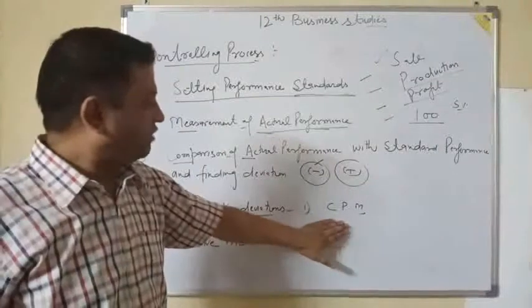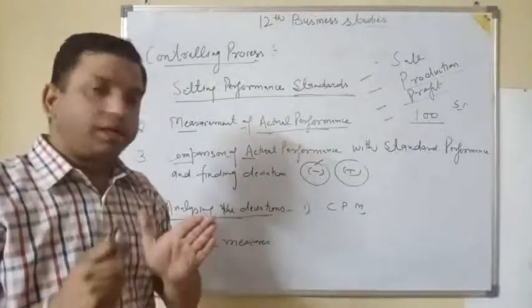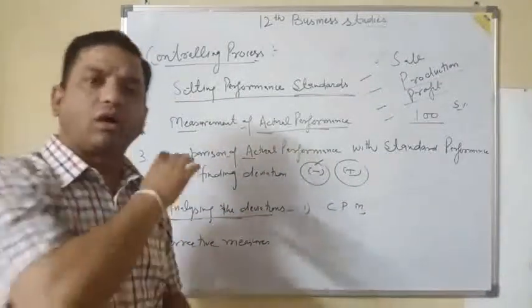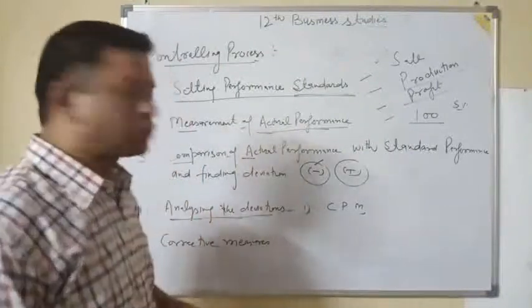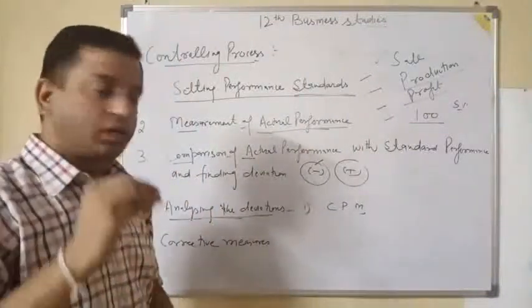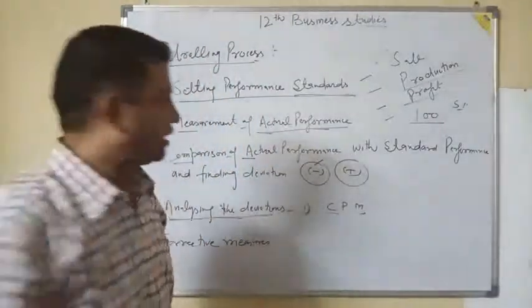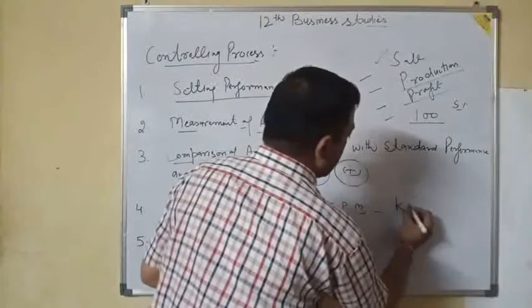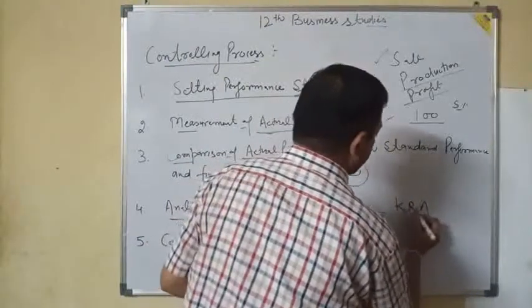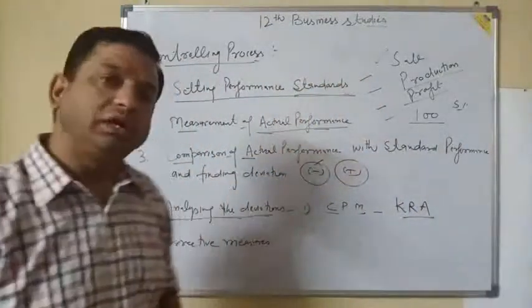This is a technique in which the manager believes that it is not possible for the manager to check all the activities. He checks only those activities which are critical, important, vital, and we call them KRAs, key result areas, important areas.